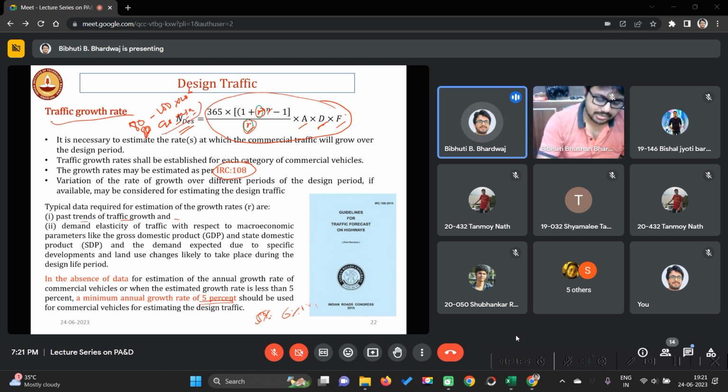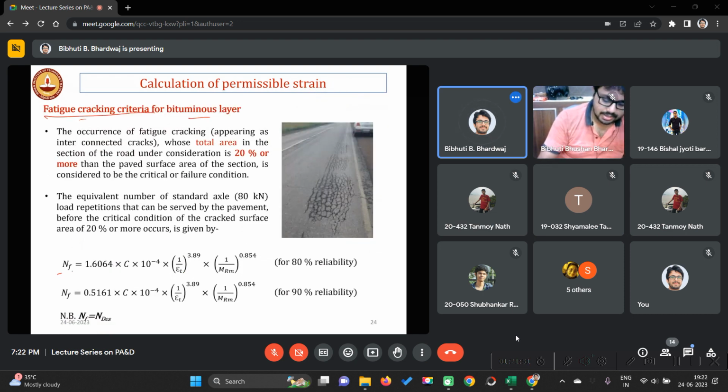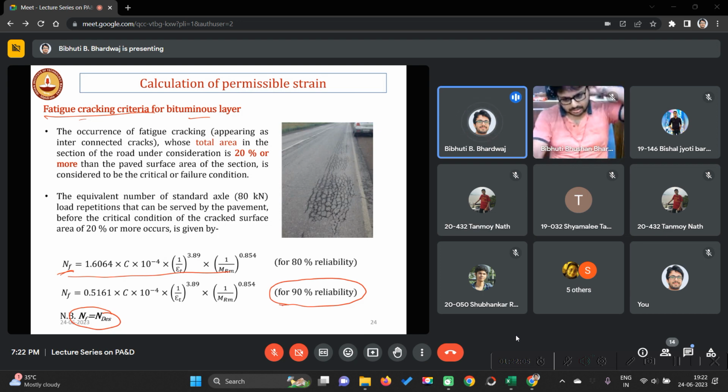So once you know this, you can back calculate and find out the limiting value, or the allowable value, of epsilon v and epsilon t. This epsilon v is for the rutting criteria and epsilon t is for the fatigue criteria. This N f and N design are both the same. So these are the two formulas. Generally we use 90% reliability, because for expressways and national highways we use 90% reliability.